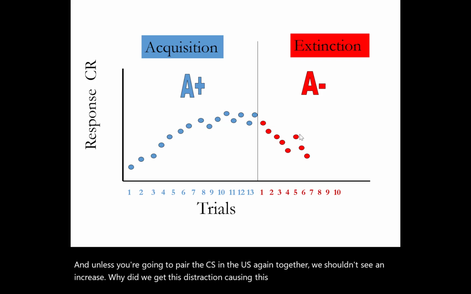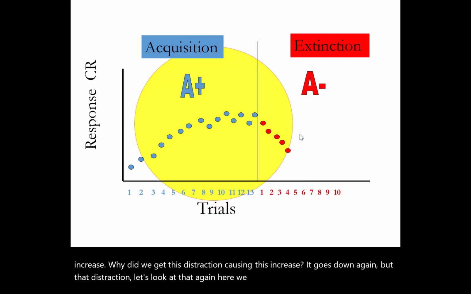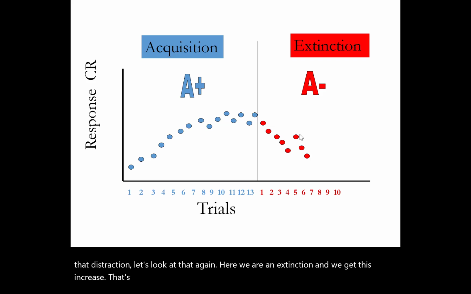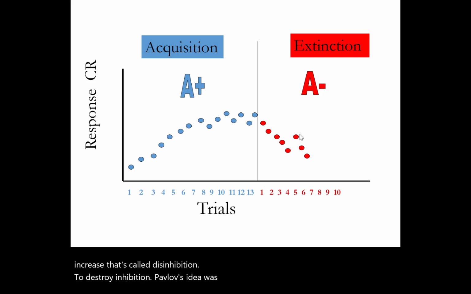It goes down again. But that distraction, let's look at that again. Here we are in extinction. Whoa, what's that? A distraction. And we get this increase. That's called disinhibition. To destroy inhibition. Pavlov's idea was excitatory associations aren't lost. They're there.